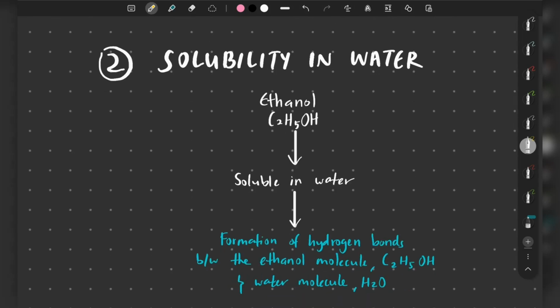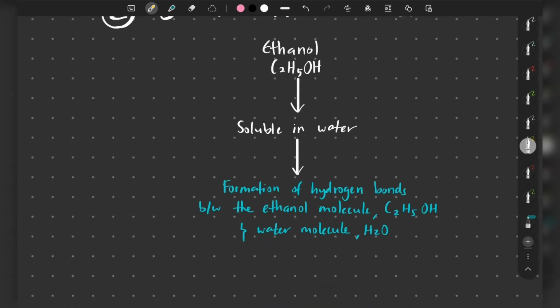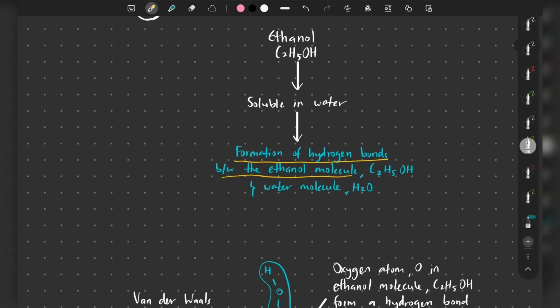Why? Ethanol is soluble in water due to the formation of hydrogen bonds between the ethanol molecule and the water molecule, H2O. You might be wondering, how does it form hydrogen bonds?